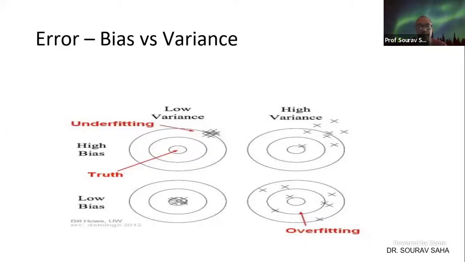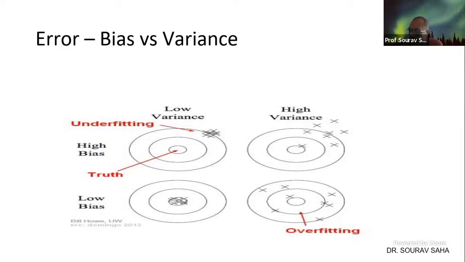Right? If you see, one is a model with the high bias, right? On the X coordinate, you have model with high bias and low bias, and on the Y coordinate, you have low variance and high variance. Now, what happens? If you see the case of a model with high bias, high bias means that typically it has created a very simplistic assumption about the model.